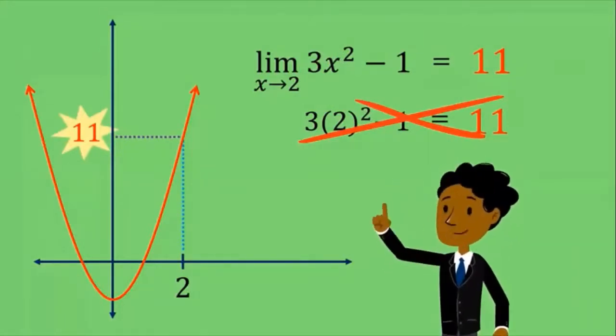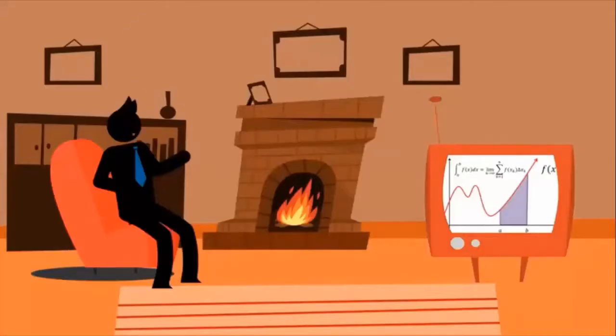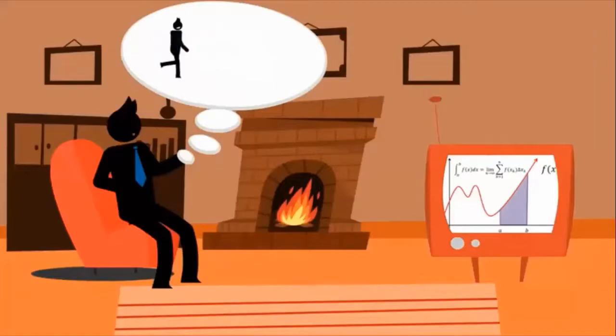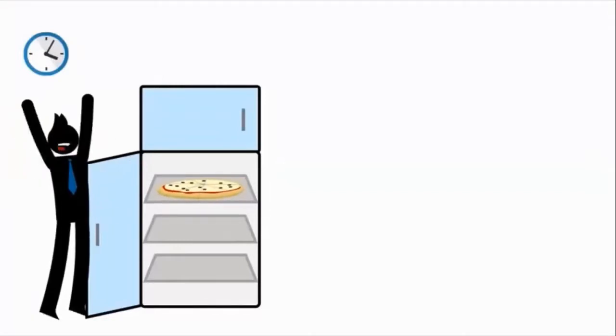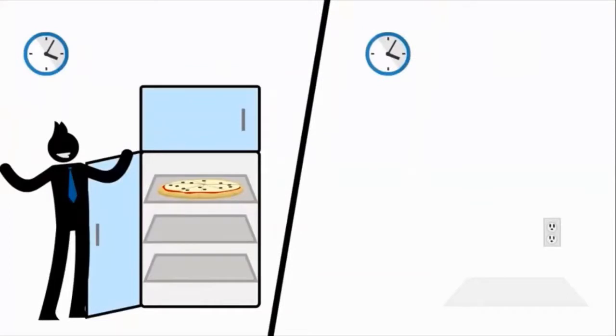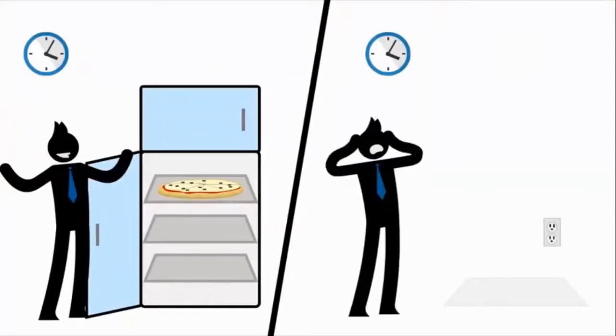Let's cover this by going back to our pizza analogy. Like before, we've been struck with a craving for pizza. So you are headed towards the fridge for a quick snack. Now, in one scenario, the fridge is there, loaded with pizza, and you can easily satisfy your craving for pepperoni. But in an alternate scenario, the fridge is gone, possibly stolen by pizza-craving ninjas, and you are left empty-handed.